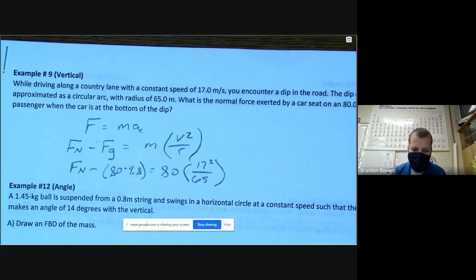Okay, let's plug this in. We got 17 squared. I got my answer to be 1,140.